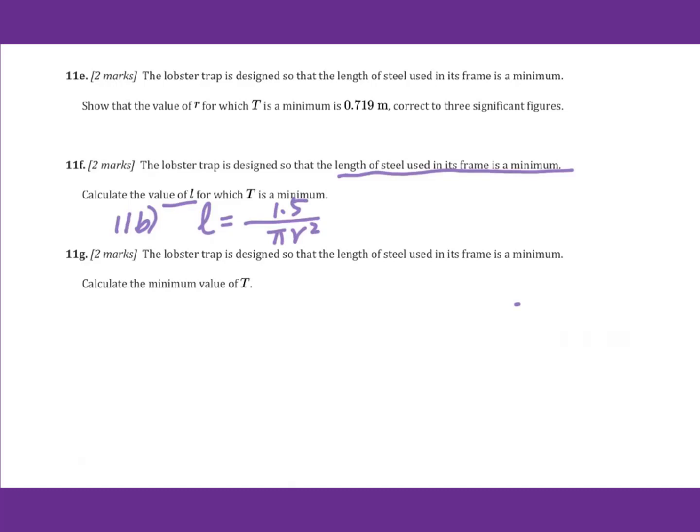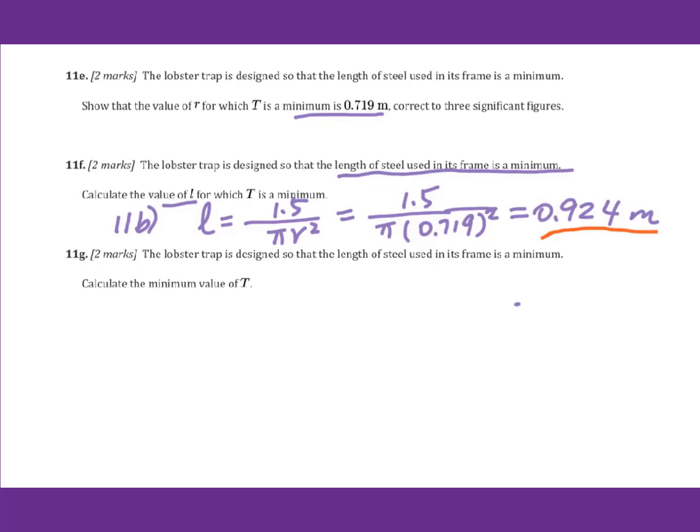We already got from 11E r equals 0.719, so we plug in 1.5 over pi times 0.719 squared. The answer will be 0.924 meters.